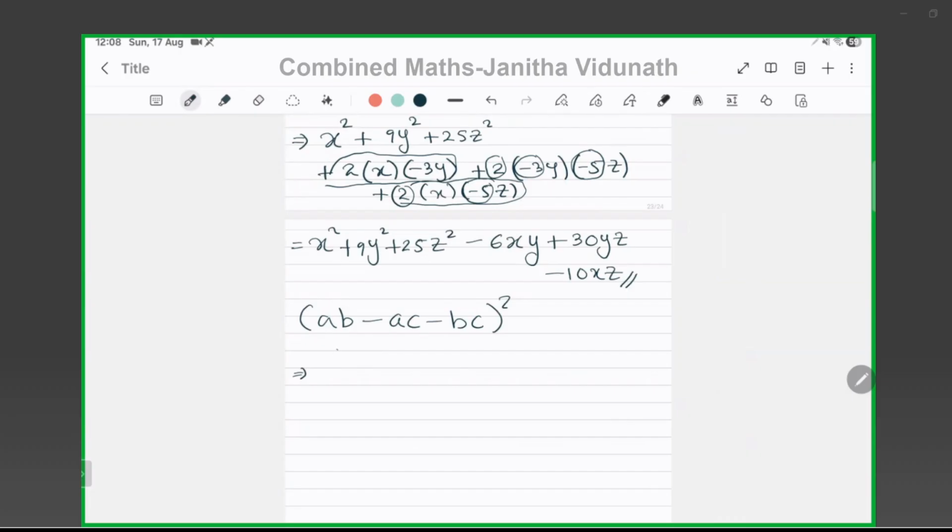Here we write this as first term plus second term as minus AC plus the third term as minus BC whole square.